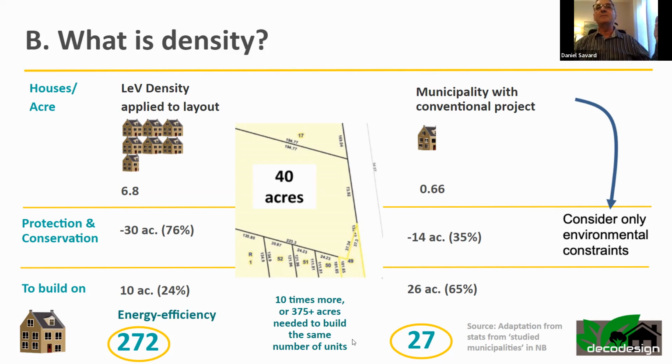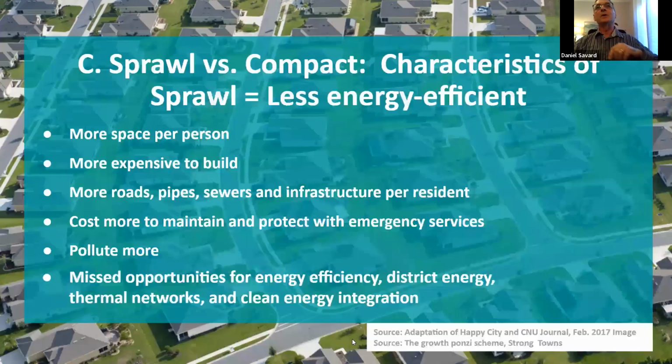Okay, that being said, we're going to shift now to sprawl and compact and the characteristics of sprawl. Sprawl has been seen in a lot of literature as a less energy efficient way of building, simply because there's more space per person, of course.